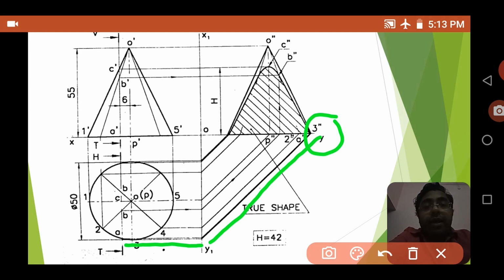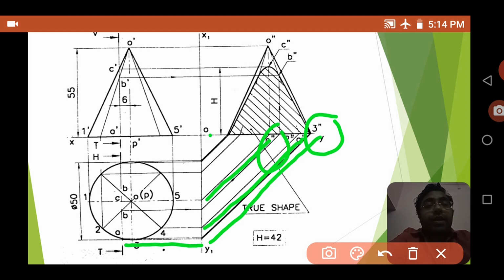Like that way 2 and 4, the line is coming here, and 2 double dash. And P is coming as P double dash. Every horizontal line meets X1 Y1, is turned 45 degrees, and then you can mark it in this one.